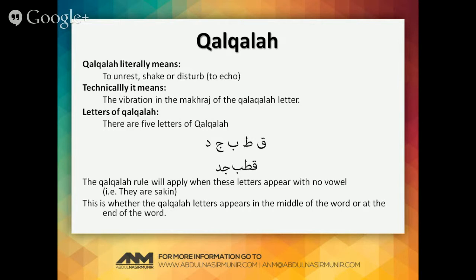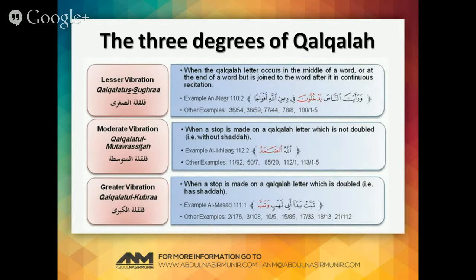Now, the letters of Qalqalah may appear in the middle of the word or at the end of the word. We'll see some examples now. There are 3 degrees of Qalqalah: lesser vibration, moderate vibration, and greater vibration.